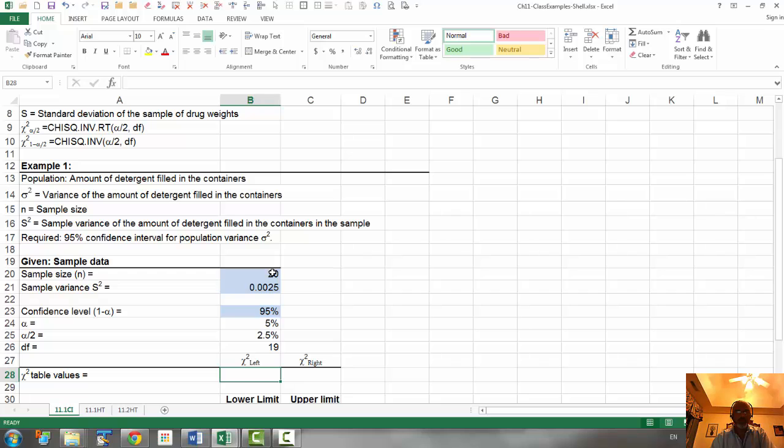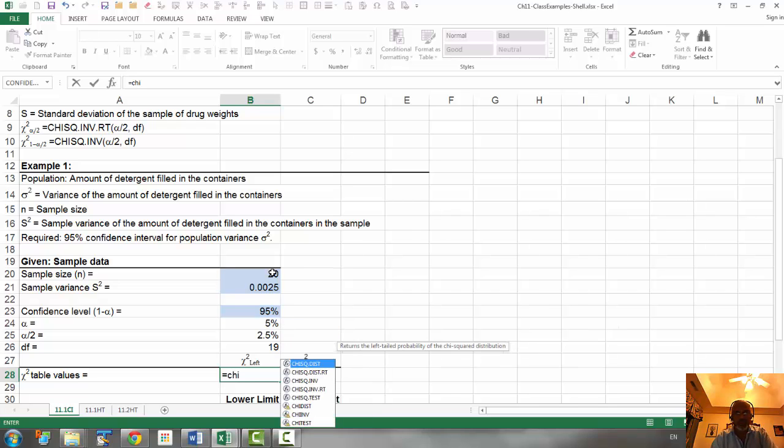So now we can set up the chi-square table values, and we'll use the Excel function CHISQ.INV.